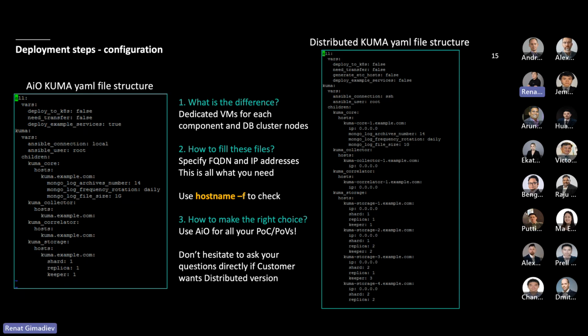And one important notice before we proceed further: please check the host name in /etc/hosts of your KUMA all-in-one server or each of the distributed servers, because during the installation process, SIEM creates single signed certificates for all system components.